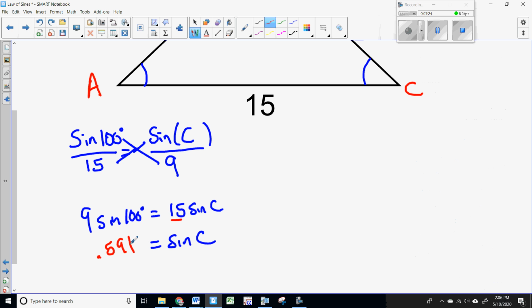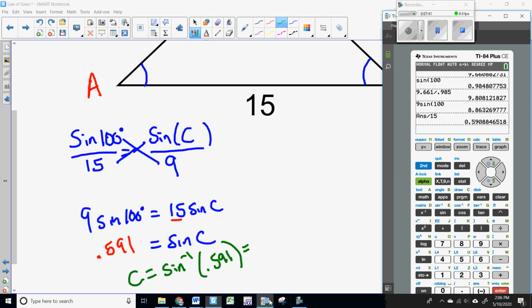Now notice, like we talked about previously, any time you're trying to solve for an angle, we have to use inverse, just like what we looked at last time. So we go to inverse 0.591. So I go back to my calculator. You can see a lot of calculator work here.